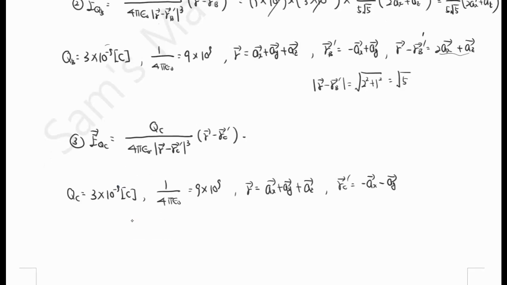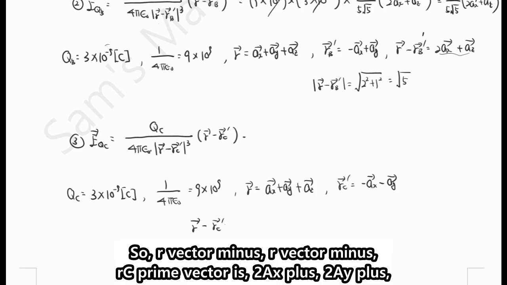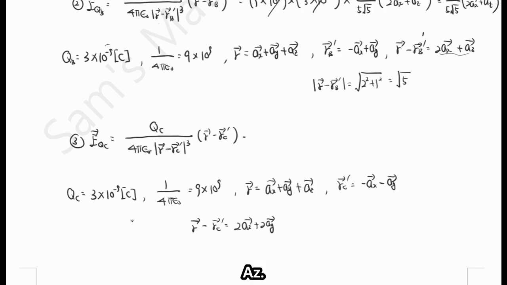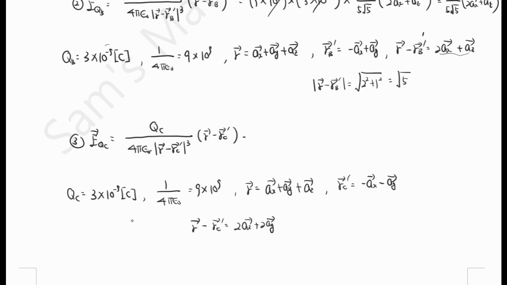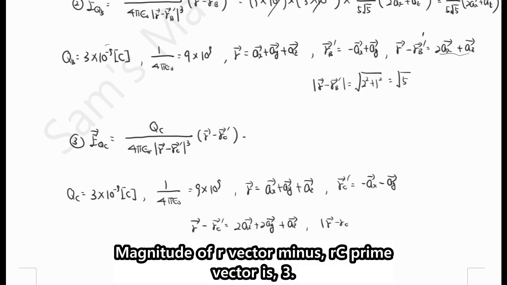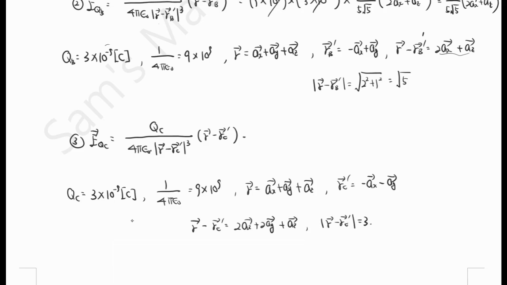So R vector minus RC prime vector is 2AX plus 2AY plus AZ. Correct, 2AX plus 2AY plus AZ. The magnitude of R vector minus RC prime vector is 3.